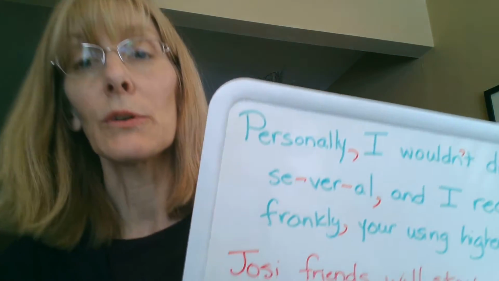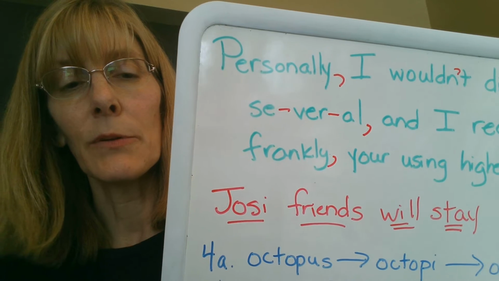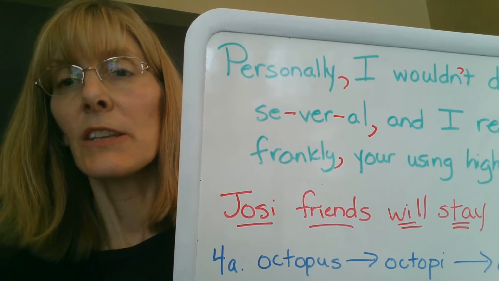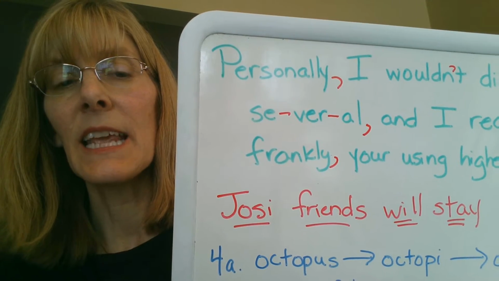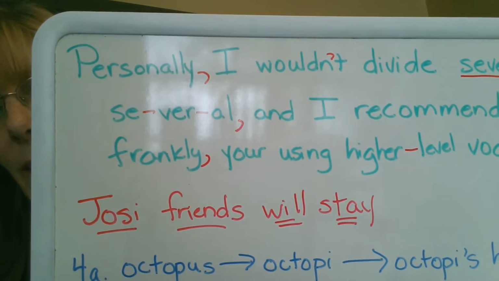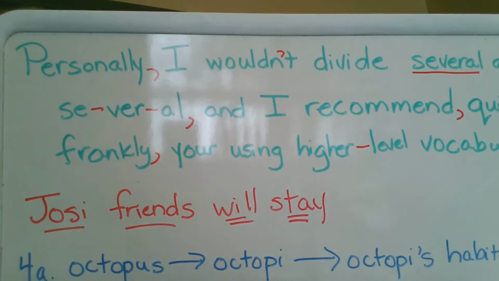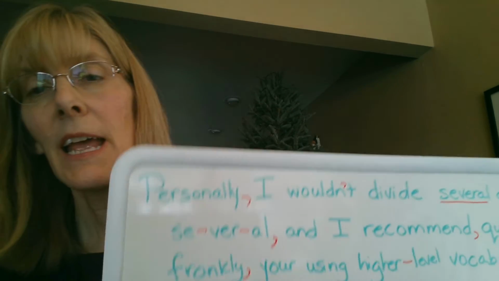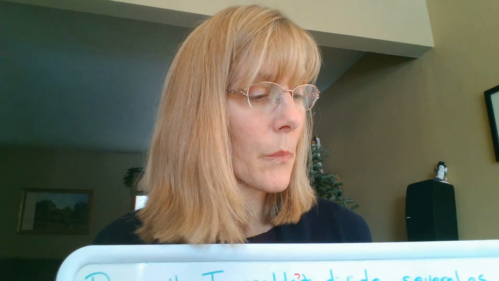How do you say more than one octopus? Octopus in the plural becomes octopi. All right, so whose habitat is it? It's the octopi's habitat. So that would be this, octopi's habitat. That's the possessive noun and what it possesses.